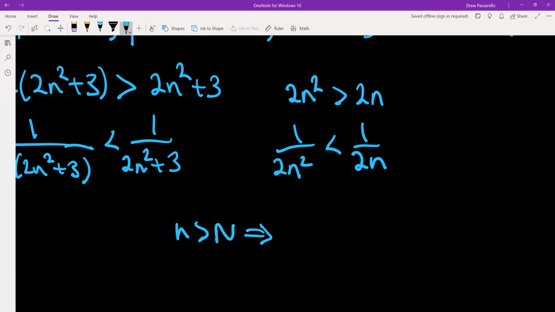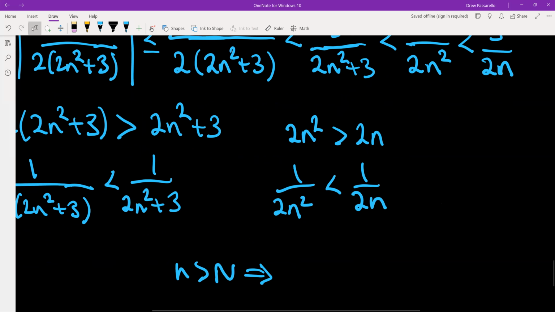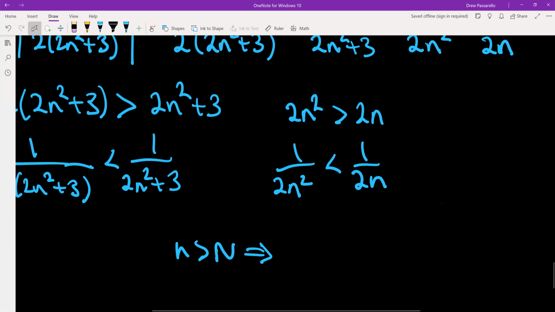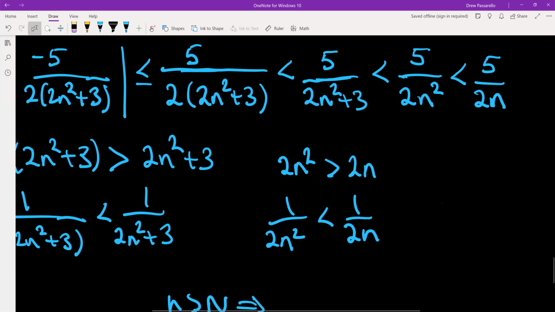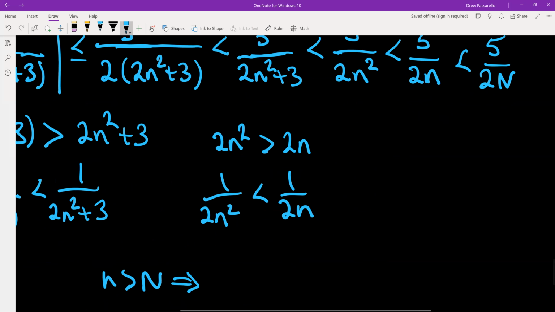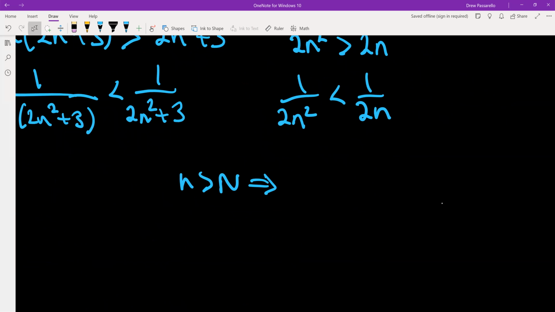So then that tells us essentially 5 over 2 times little n is going to be less than 5 over 2 times capital N, because n greater than capital N means the reciprocal of both sides flips the inequality. So that's if and only if.